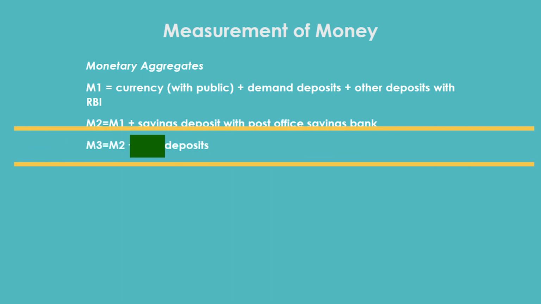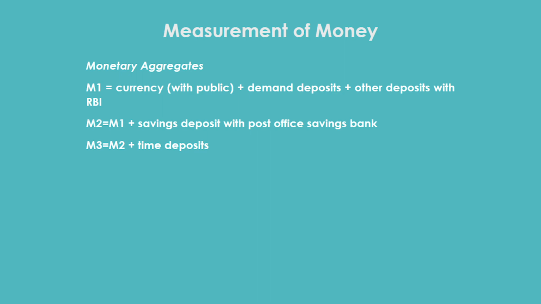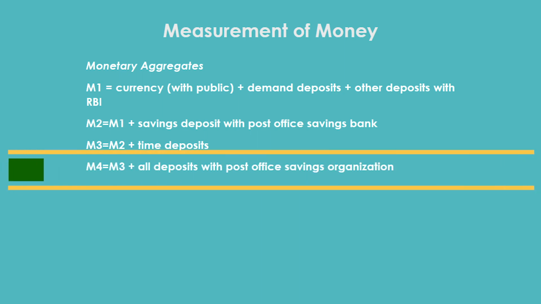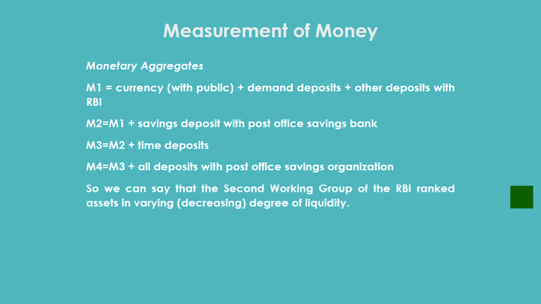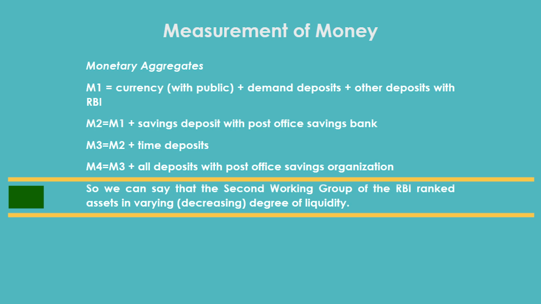M3 is equal to M2 plus time deposits, while M4 is equal to M3 plus all the deposits with post office savings organizations. So we can say that the second working group of the RBI ranked assets in varying, or rather decreasing, degree of liquidity.